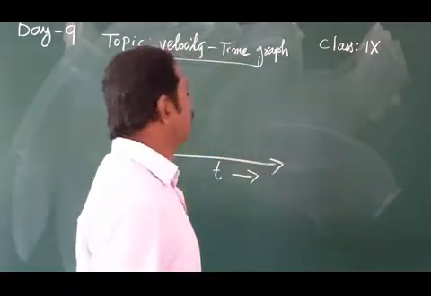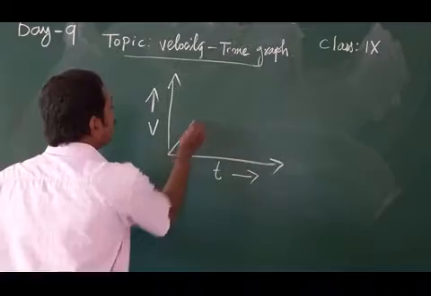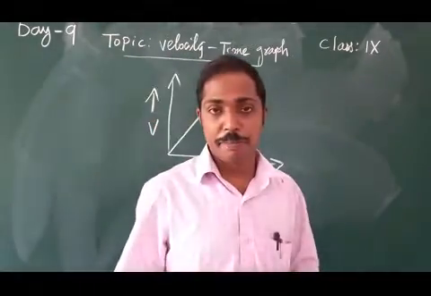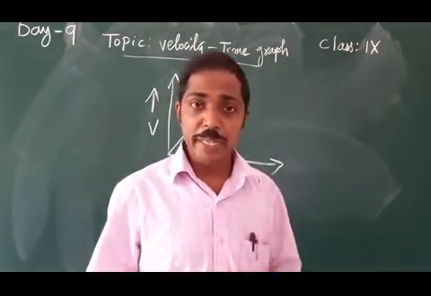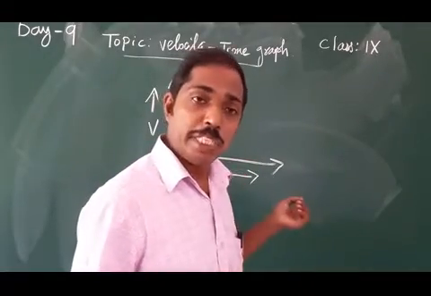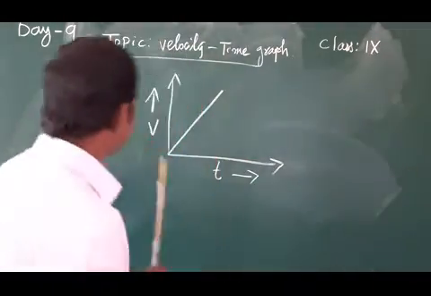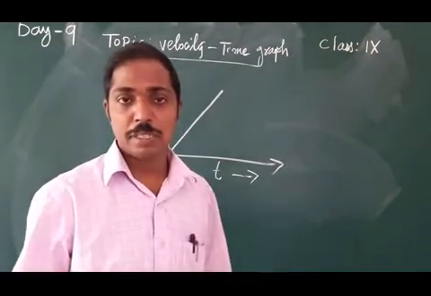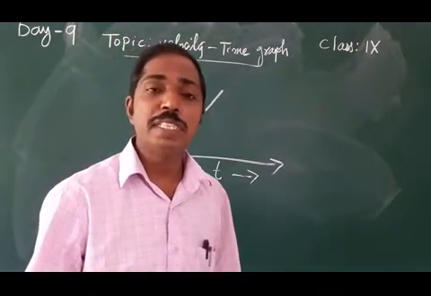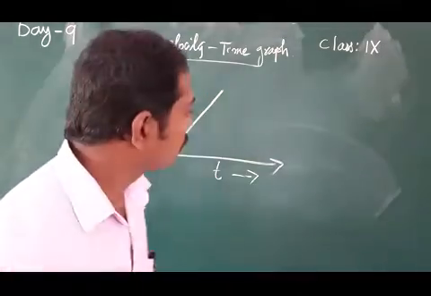Then that graph is called a velocity time graph. So what is a velocity time graph? Plotting velocity along the y-axis, as you can see here, and time along the x-axis, the graph is a velocity time graph.